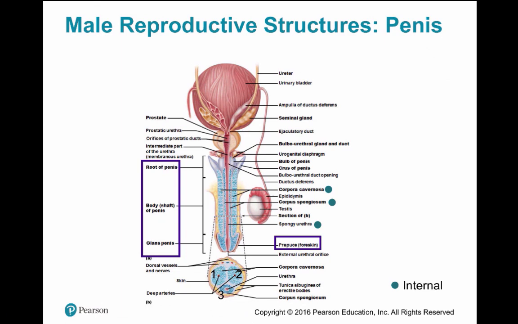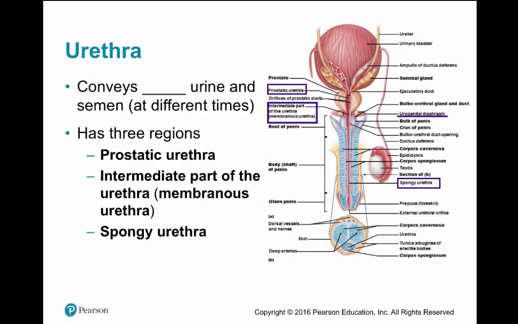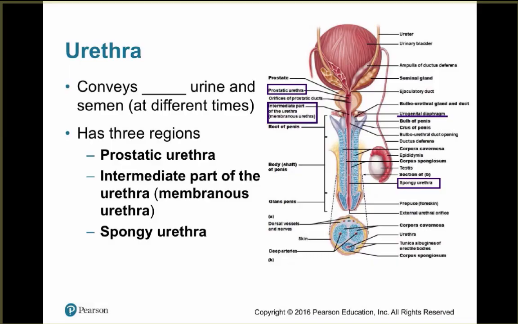So now that we know the structure, let's focus a little bit on the different parts of it, specifically the urethra. And I had told you earlier when we talked about it going through here, we would get into the different parts. So the urethra conveys both urine and semen, of course, at different times. It has 3 different regions. You have the prostatic region here, and this surrounds the prostate.